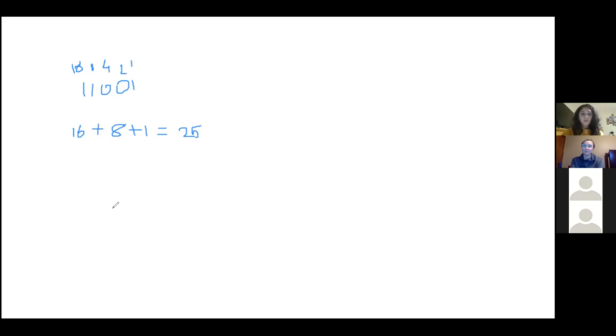And if you were to go the other way, let's go through question number 2, because that goes the opposite way. So number 2, let's take 127. We want to convert this into base 2. Again, the easiest way to do this is to write out your place values.